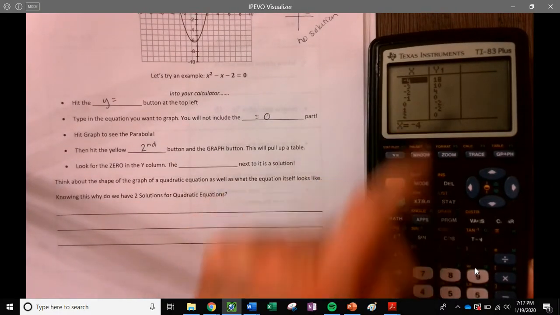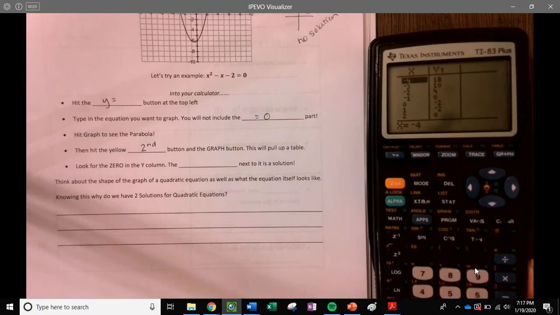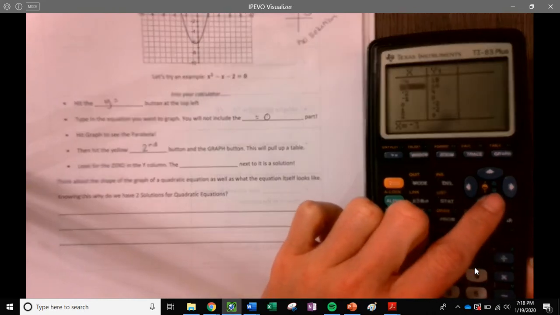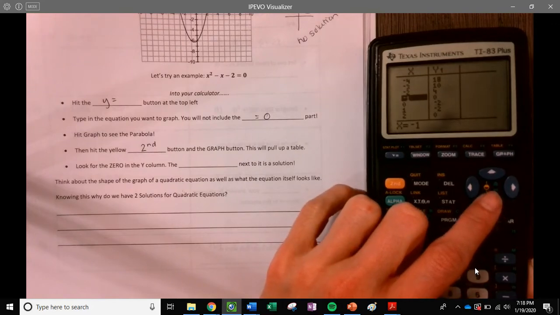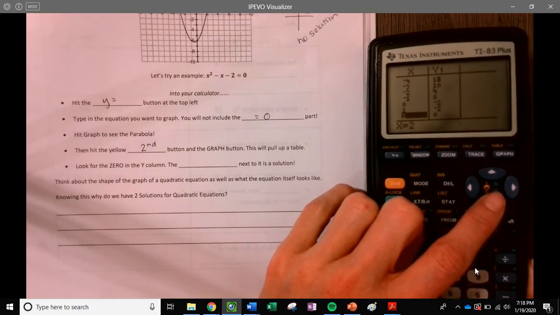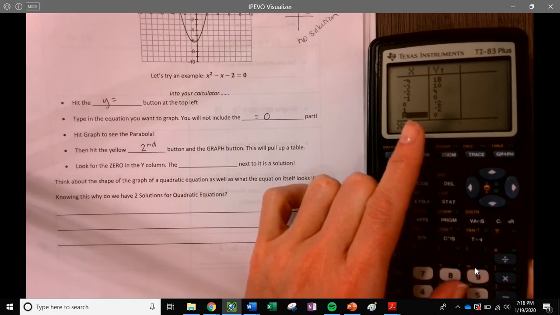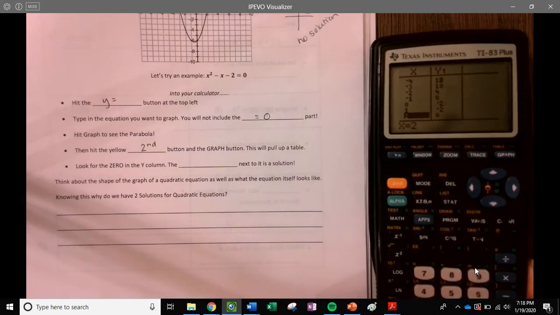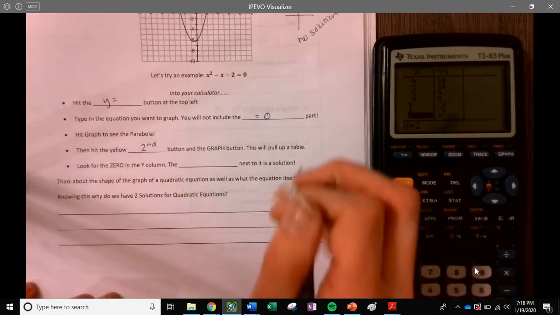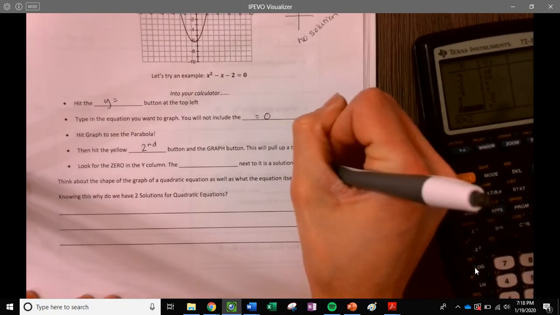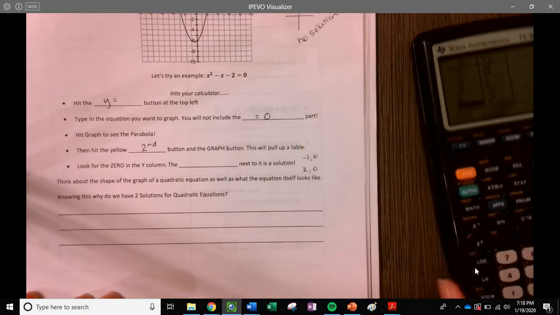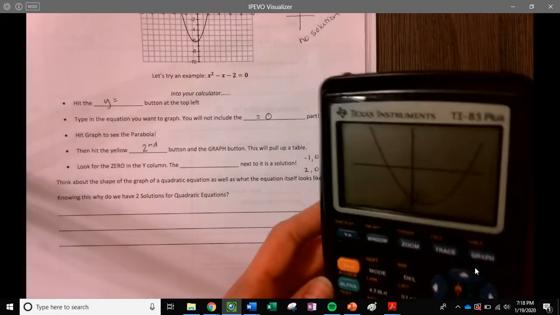This is -1. I know that it crosses the x-axis twice, so I should have 2 zeros in the y column. And in fact, I do right down here, where y is 0, x is 2. So that means that my ordered pairs would be (-1, 0) and (2, 0). Let's go back to the picture to see if that makes sense.